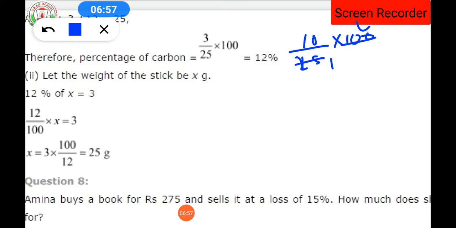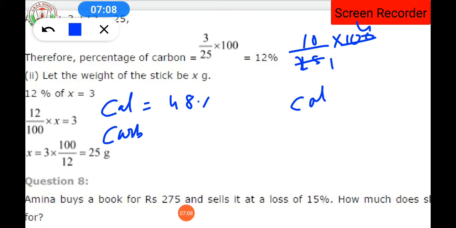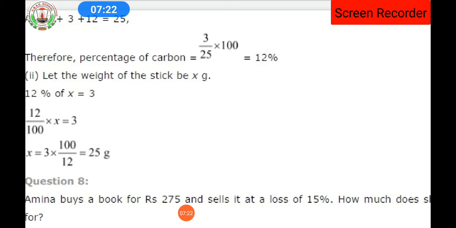So here, 40. So calcium we are having 40%. Then carbon we are having 12%, isn't it? And oxygen, that oxygen we had found as 48.